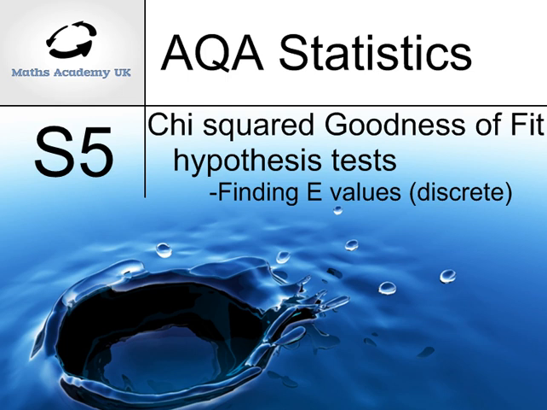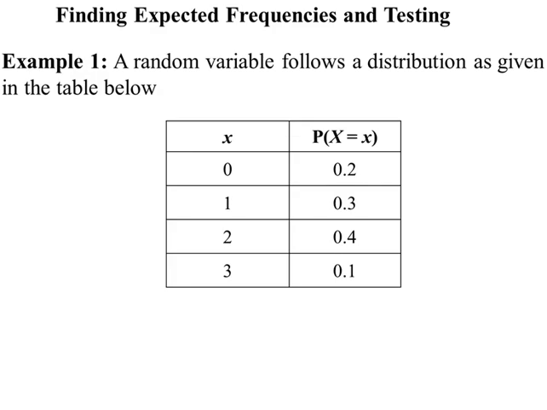Chi-squared goodness of fit hypothesis tests, finding the expected frequency values with discrete probability distributions. Example 1, we have a discrete probability table.